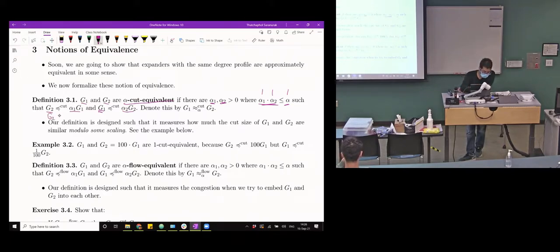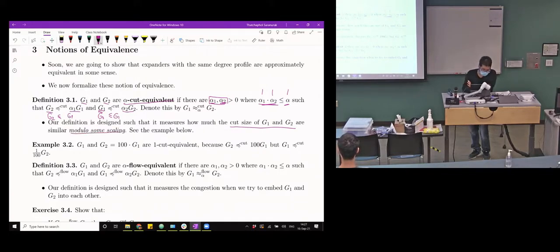If G1 is less than G2 and G2 is less than G1, then for every cut they have the same cut size. But the definition really just measures how close the cuts of G1 and G2 are, modulo some scaling.